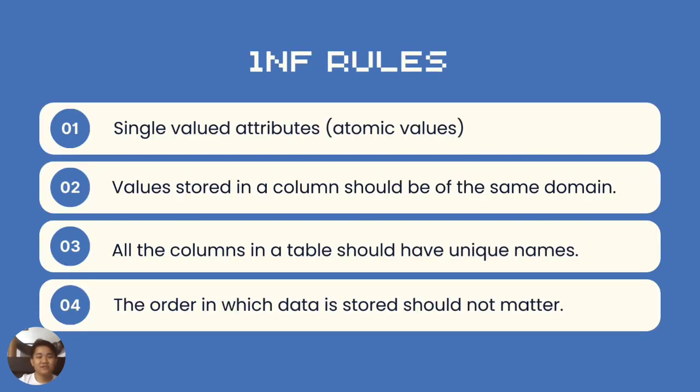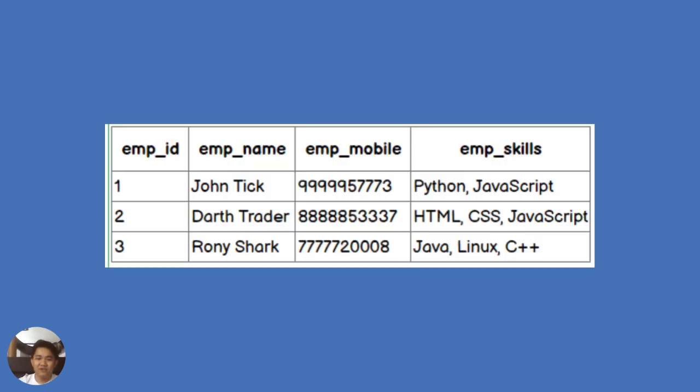And so the second rule will be values stored in a column should be of the same domain. Of course, when defining a field or a column, for example, employee ID is usually of data type integer, or the employee name is usually string, or for example, employee number is usually number or integer.